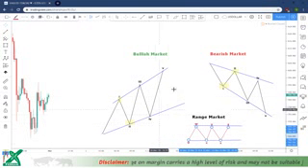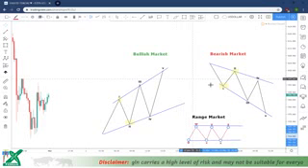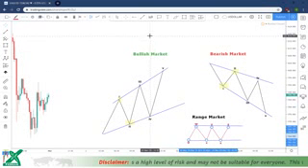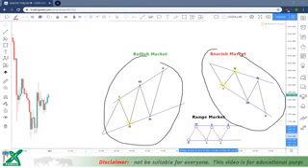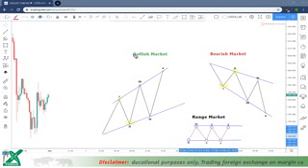So what is the difference between the bullish and bearish markets and the range market? We will talk in depth about these two scenarios. In a bullish market, when we get a move to the upside, the first move, which is a steep and quick move, is called an impulse.